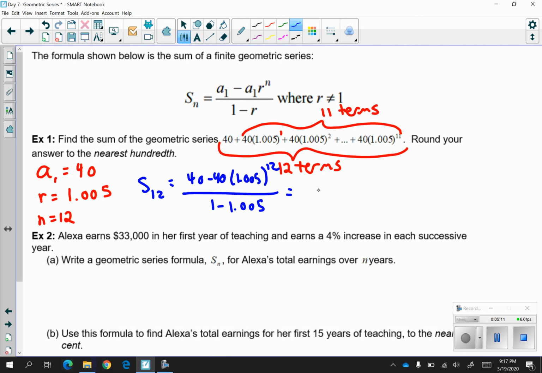If you get 493.4224949, and if you leave it like that, you'll be wrong because this problem asks you to round to the nearest hundredth. So the actual answer is 493.42.